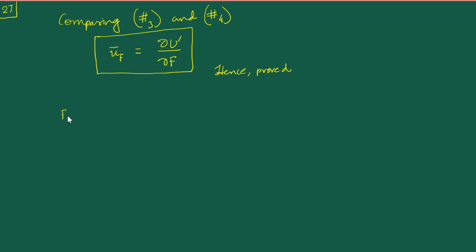So for linear elastic materials, that is Hookean kind of materials, u dash is equivalent to u, and for those we can directly write u f bar is equal to del u del f.